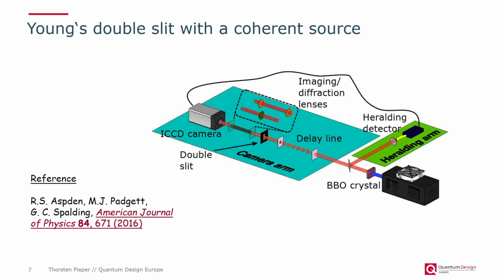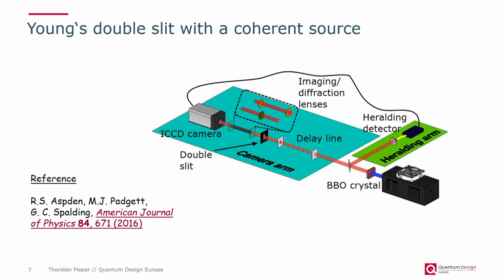And a variation of this experiment has been done by these three guys, Mr. Aspen, Paget, and Spalding. What we see here is a non-classical photon source in the form of a laser and a nonlinear crystal. This nonlinear crystal generates a pair of entangled photons, of which one of them goes to the right and is detected by a single point detector.